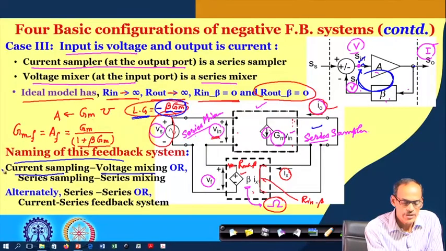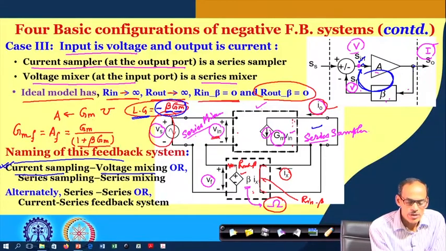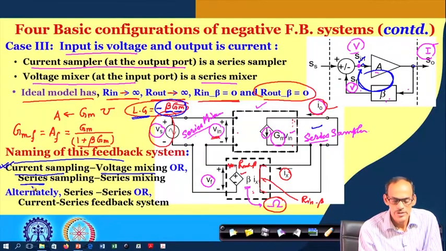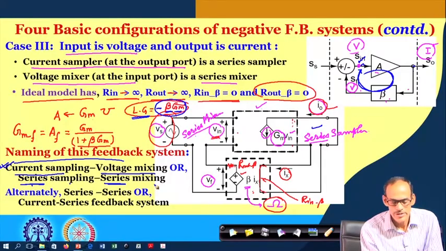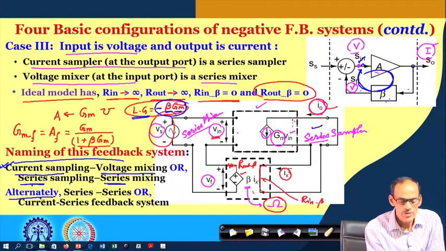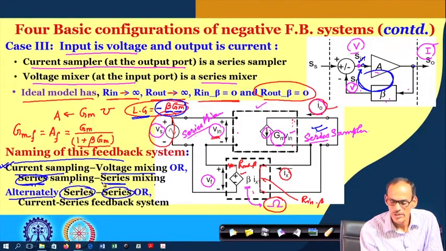So, either we may say that this feedback configuration it is current sampling and voltage mixing, or while you are sampling it is basically the connection it is series, and voltage mixing it is also series. So, we can say series sampling, series mixing, or to abbreviate it, alternatively you can say that series connection. So, this series is the first one, and then this was the second one.